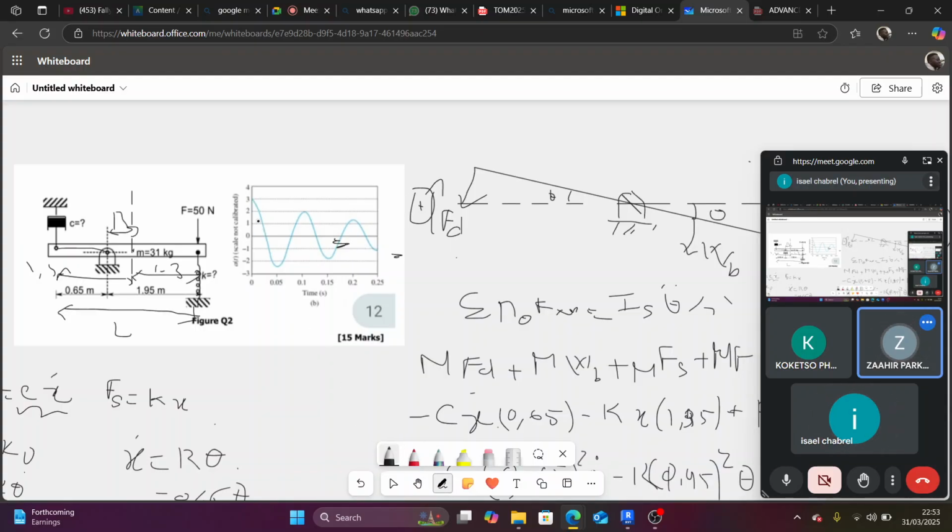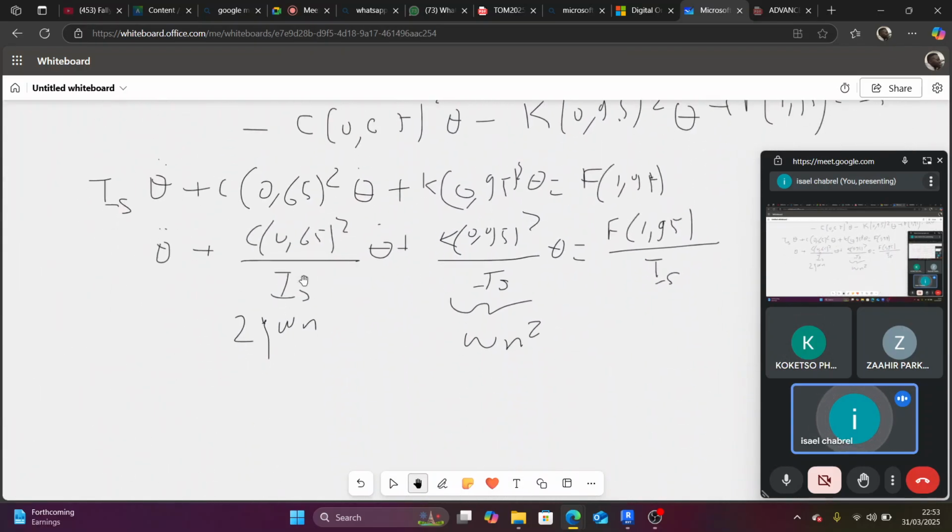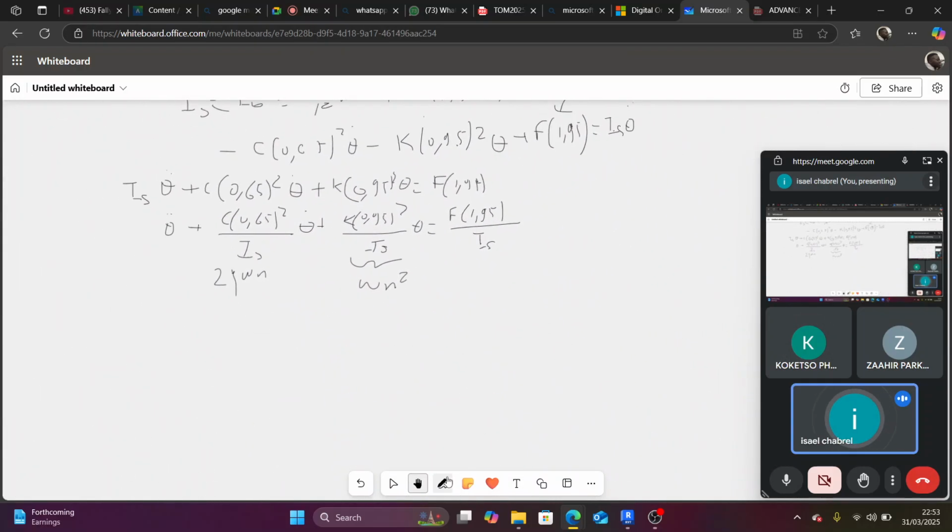I believe so. One consecutive from here to here, from head to head, makes one cycle. It is n equals 1. It's a full turn. So the logarithmic decrement is 1 over n, the ln of xn over xn plus 1. xn is the highest amplitude, basically what you read from the graph.